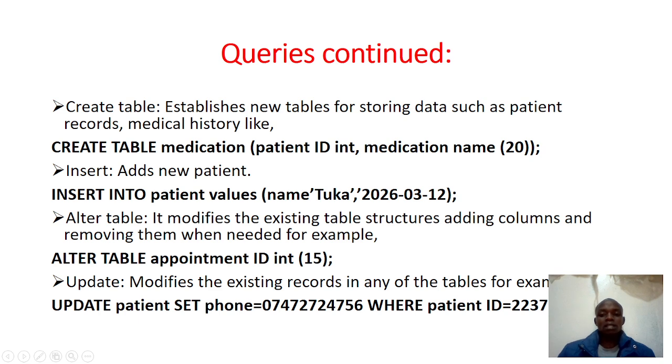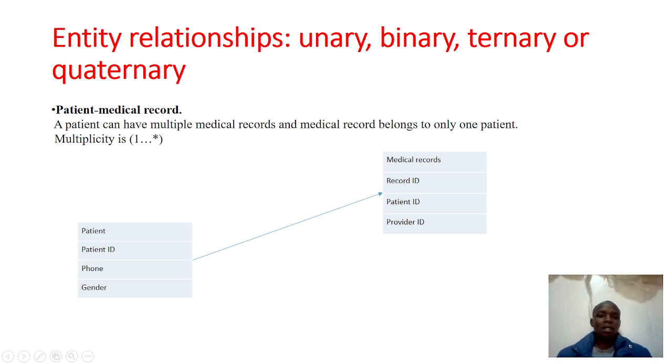If he is a patient, then we are using the patient ID. So the person corresponding to this patient ID, his or her phone contact will be updated to this one.